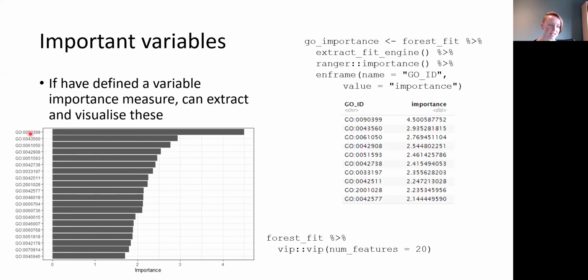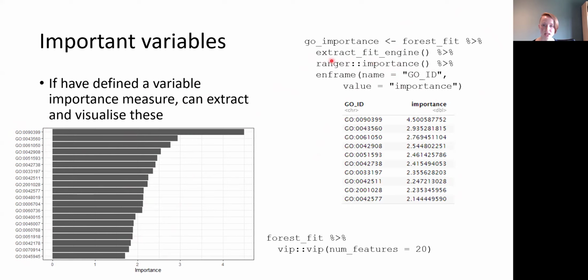And we can see here that this GO term is obviously quite important and potentially quite a bit more important than any of the others there. We can also pull out the actual values that it's plotted here using this function within the Ranger package of importance.